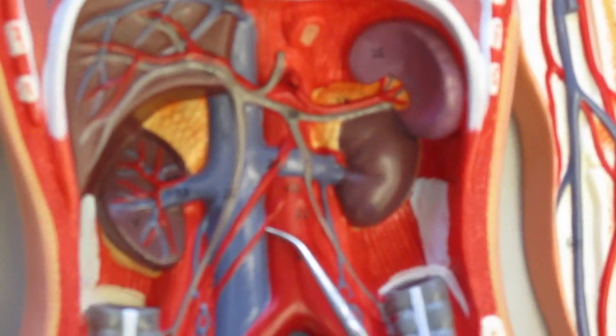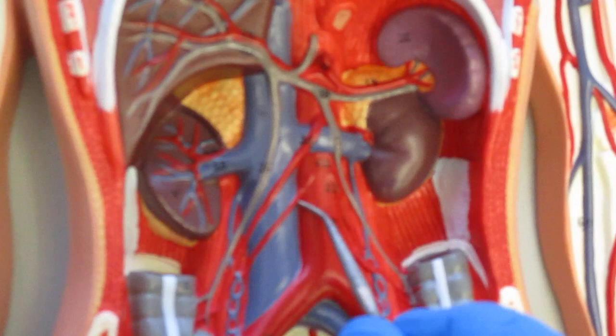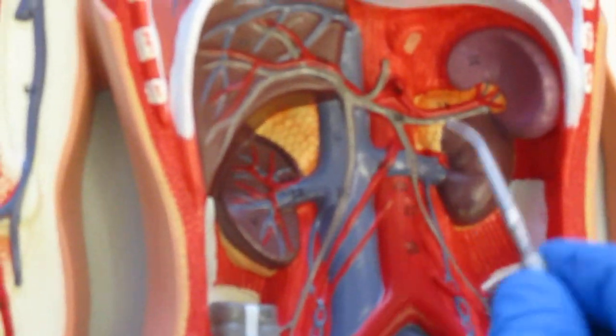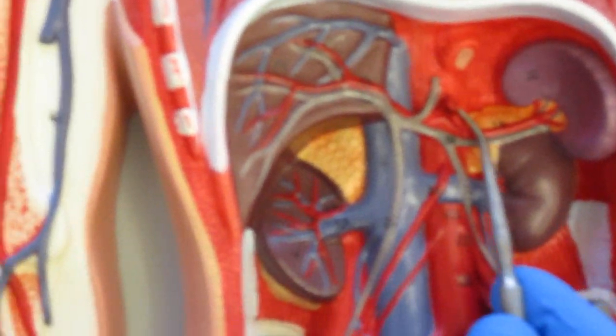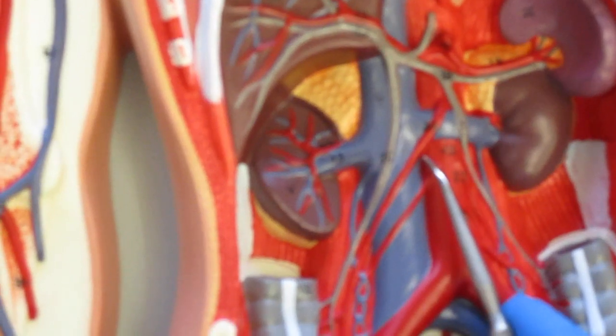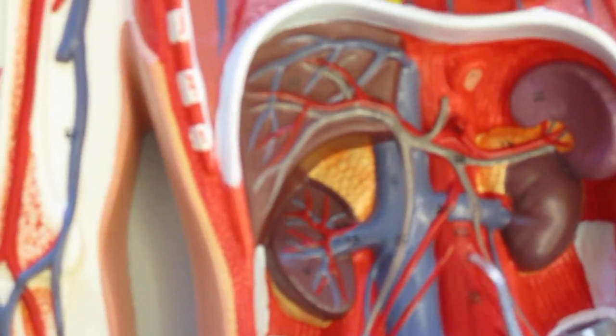And then we have the next one, inferior mesenteric artery, right there. That's supplying the intestines with oxygenated blood. And then we have your celiac trunk right there. So celiac trunk, superior mesenteric artery, inferior mesenteric artery.